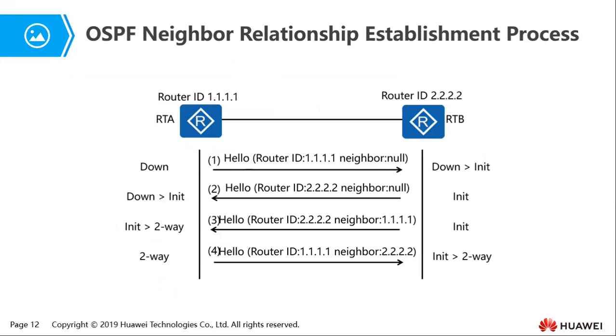So let's look at the first function of the hello packet, which is the OSPF neighbor relationship establishment. This happens through a number of states. So we have down.